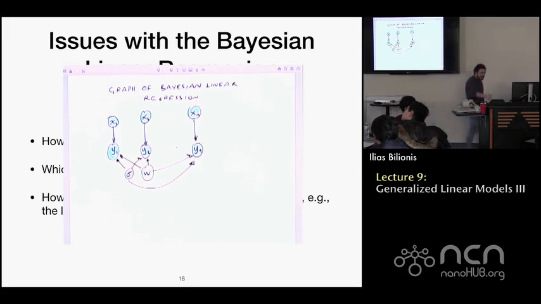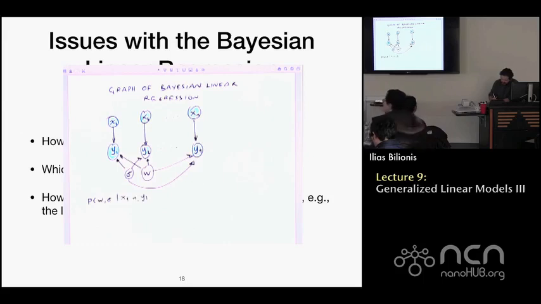Okay? And if you want, you can use the idea that we described before to write the joint distribution of all these variables. So you can say, what is the probability of, let's just write w and sigma conditional on x1 to n, y1 to n. What is that probability?